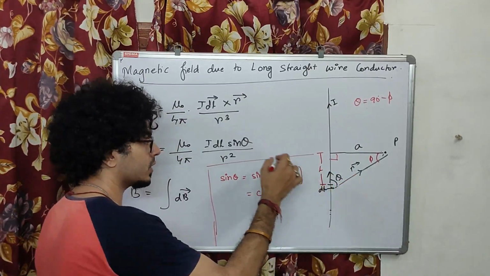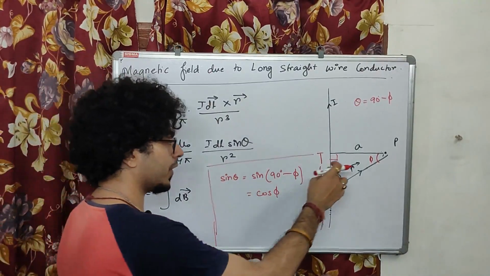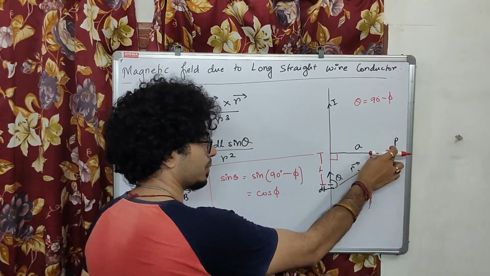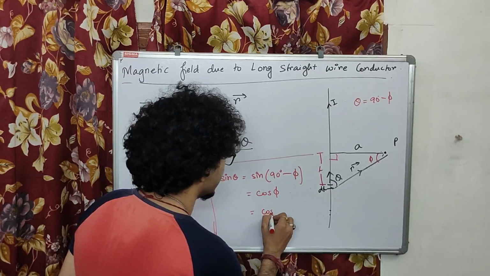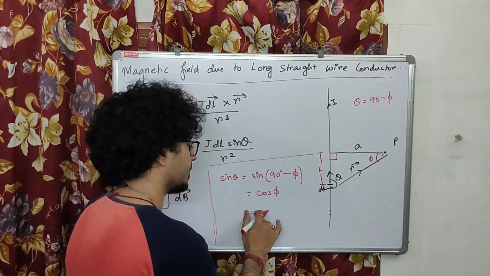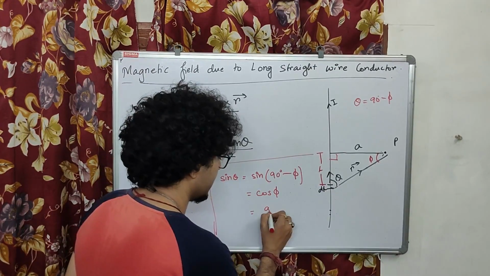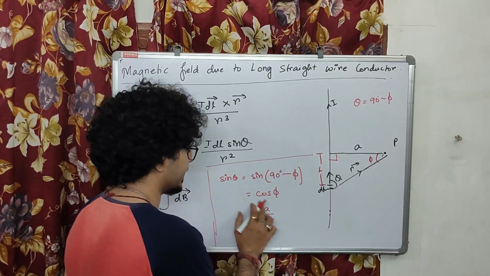Clear? Now what is cos phi? Cos phi means base by hypotenuse. So this is base A and this is hypotenuse R. So cos phi can be written as base by hypotenuse, that is A by R. So this is what you can ultimately write in place of sine theta.